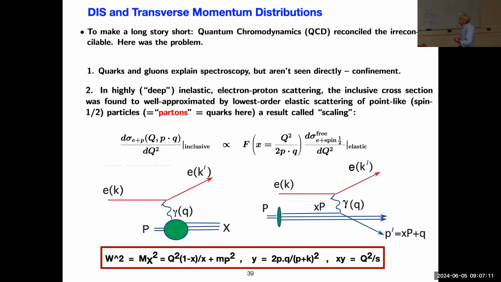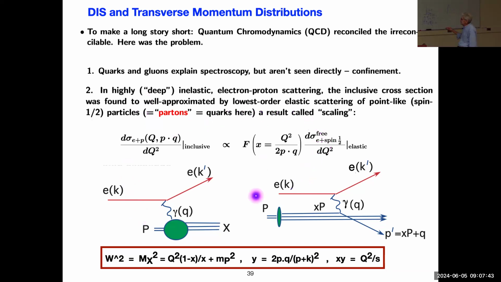So this inclusive cross-section for deep inelastic scattering was well approximated by the lowest order elastic scattering. In other words, the absolutely quintessentially non-inclusive scattering of point-like particles. Inclusive of the bound state was like elastic of sets of point-like particles. And this result goes by the name of scaling.